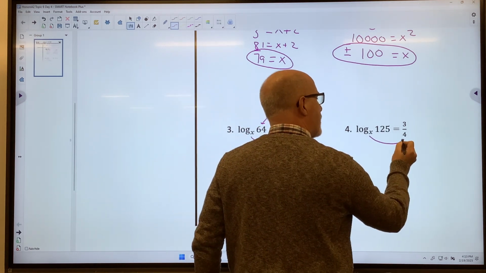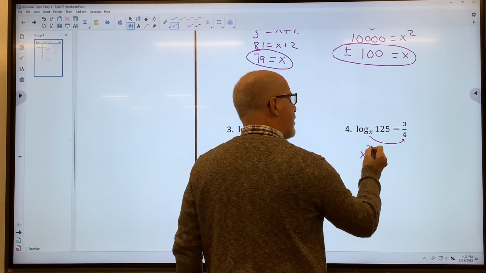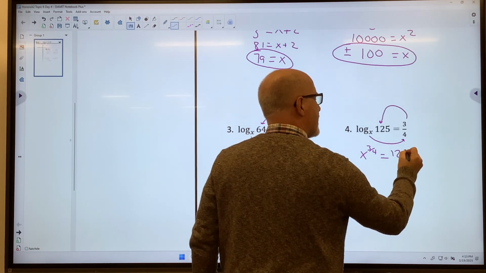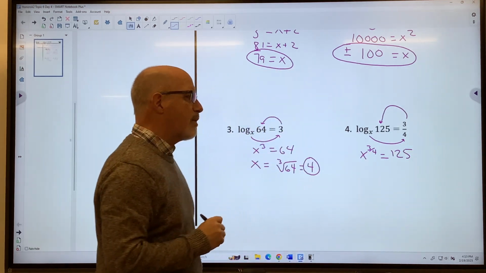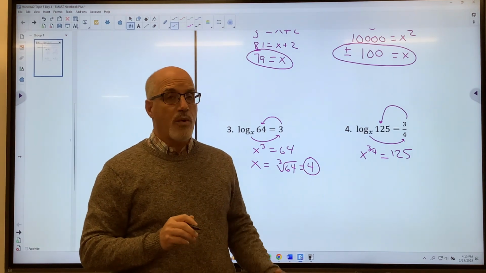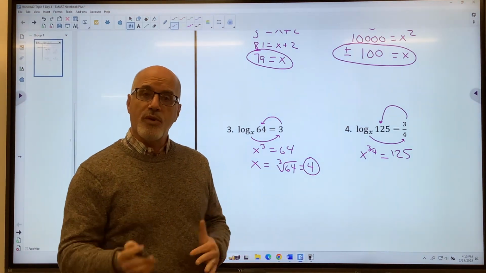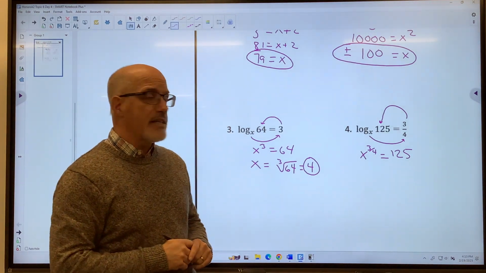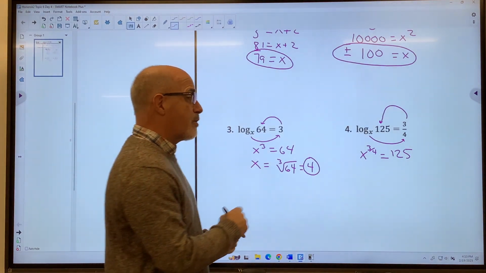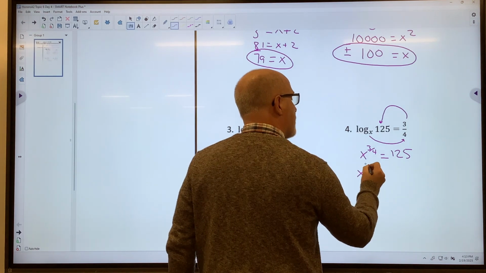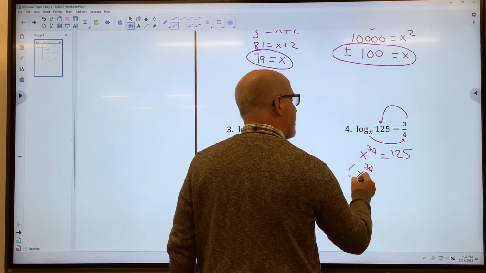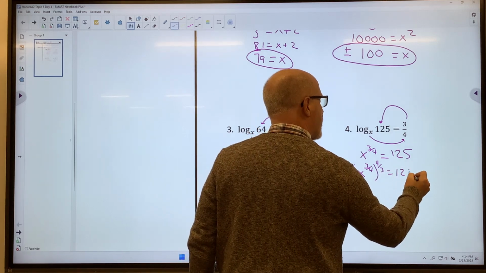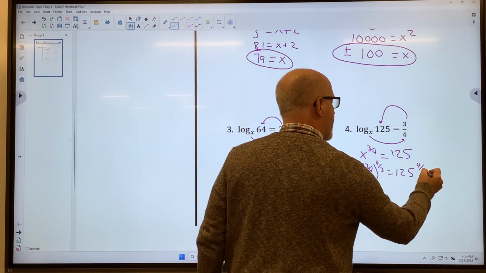Do our circle tool, x to the 3/4 power equals 125. Now you might wonder, how do you get rid of a 3/4 power? I'm going to do it by hand, and then I'll show you how to do it on your calculator as well. The first thing you have to recognize is that in order to get rid of a 3/4 power, you're going to put both sides to the reciprocal power, the 4/3 power. So this would be 125 to the 4/3 power.